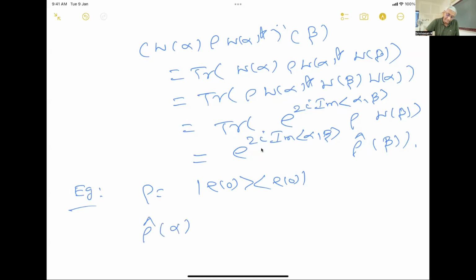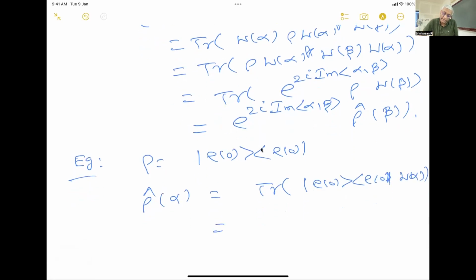Then rho hat at alpha equals the trace of W(alpha) times |E(0)><E(0)|, which is <E(0), W(alpha) E(0)>. This is e to the power minus |alpha|^2 by 2.